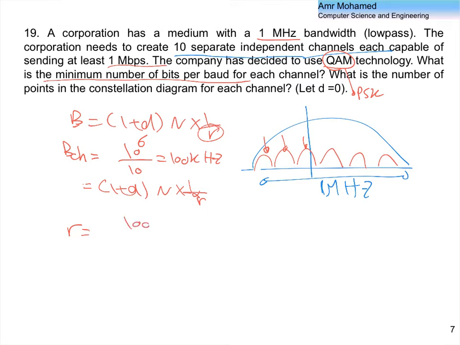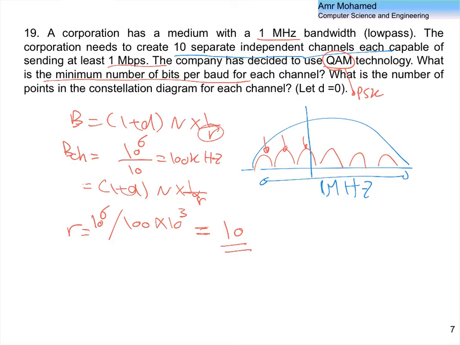R equals 100 times 10 to the power 3. And r is actually n divided by that. So n is 10 to the power 6 divided by this. Right? So this becomes 10 only. What is the unit?